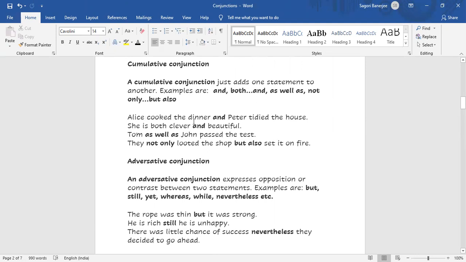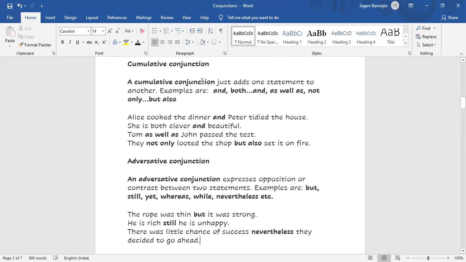Alice cooked the dinner and Peter tidied the house. Next sentence: she is both clever and beautiful. Then, Tom as well as John passed the test. They not only looted the shop but also set it on fire.